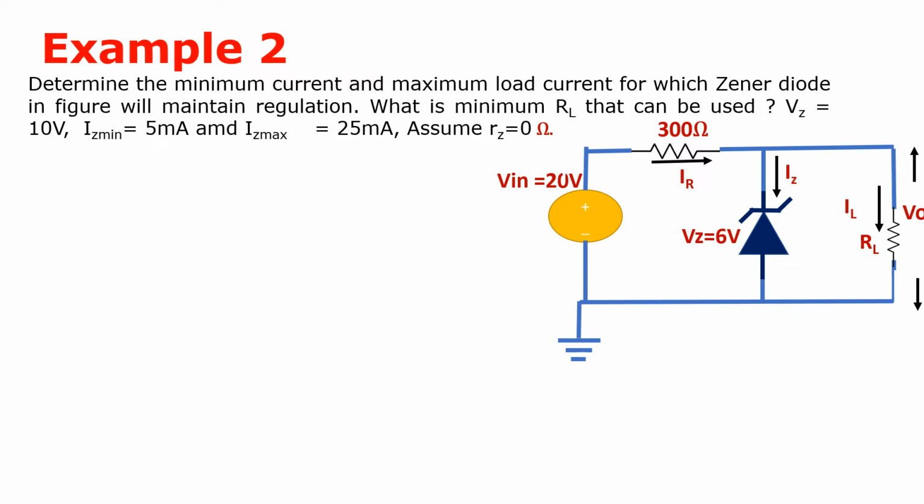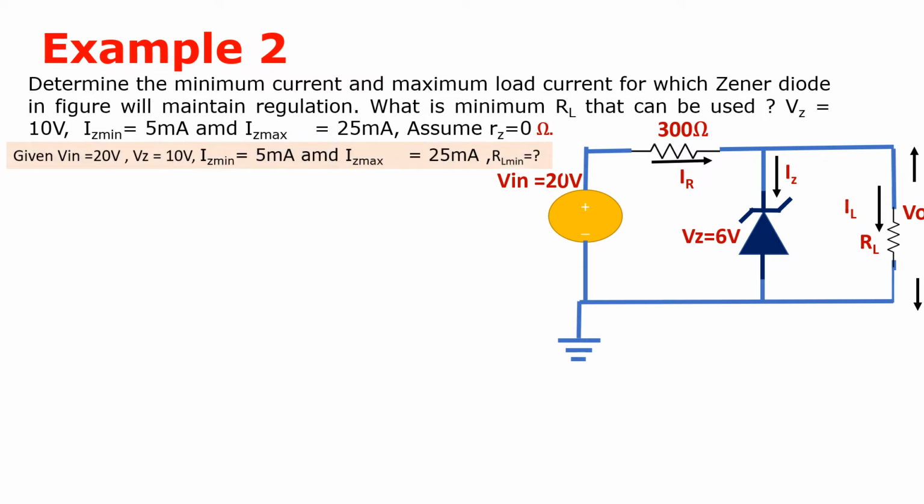Now consider the second example, in which it is asking to determine the minimum current and the maximum load current for which the Zener diode circuit will maintain regulation. In this case we need to calculate the minimum load resistor. Here it is assumed that RZ is 0, meaning Zener resistor is 0, the Zener diode is ideal.